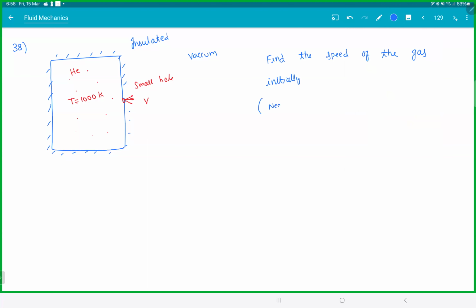Neglect any flow within the container, meaning assume the gas inside is not moving, it is almost stationary. In reality the gas will actually start flowing, but we are ignoring that because the hole is small. Assume the helium in the container is at rest.